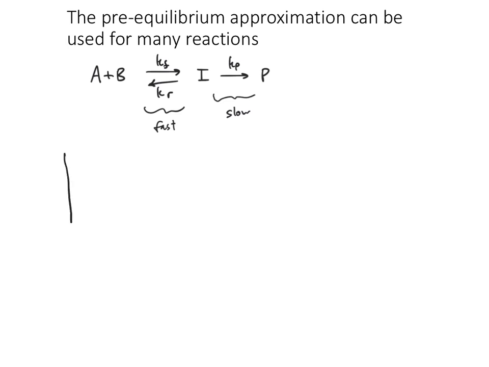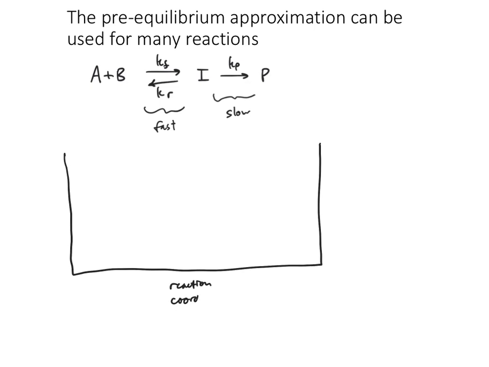So if we consider a reaction landscape again, where down here is the reaction coordinate or the reaction progress, then obviously over here we'll have the products, and over here we'll have the reactants, and then over here we've got some sort of energy. Then we'll have that plateau again where there's A and B, and then it's going to have to go uphill a little ways to get to that reaction intermediate I.